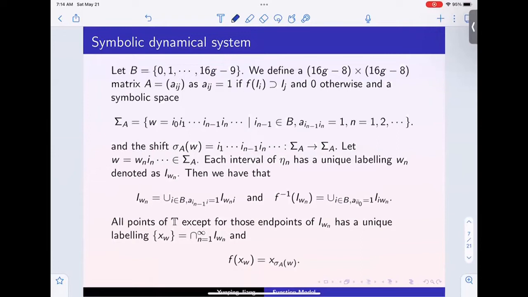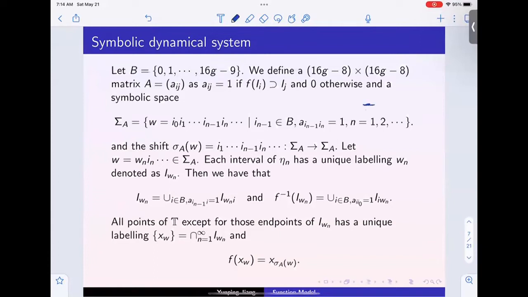So what is a symbolic dynamical system? You take B, which is a set of integers from 0 to 16g minus 9. Then you can get a 16g minus a times 16g minus a matrix, called capital A equals A_ij. So what is the entry? That equals 1 if F(I_i) contains I_j.